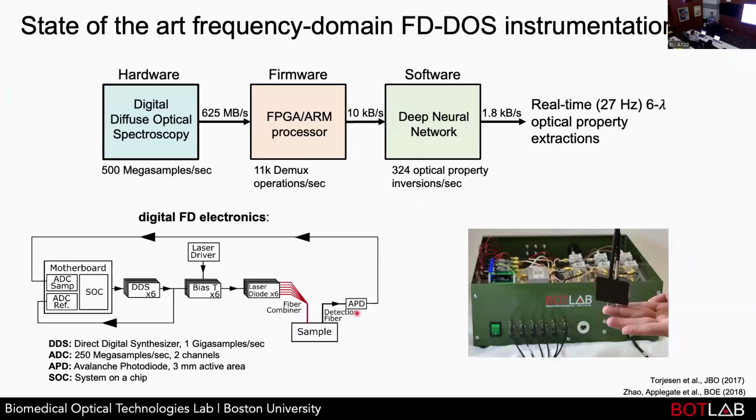We detect with an avalanche photodiode, which I haven't told you what that is in detail, but it's a photodiode that is biased at several hundred volts. So you're in this so-called avalanche state, so that when a photon is incident on the photodiode, it doesn't just produce one electron.